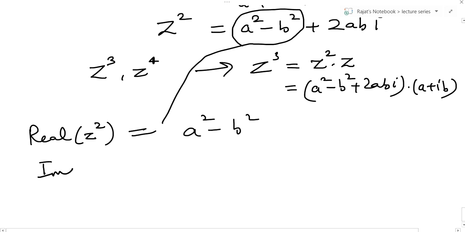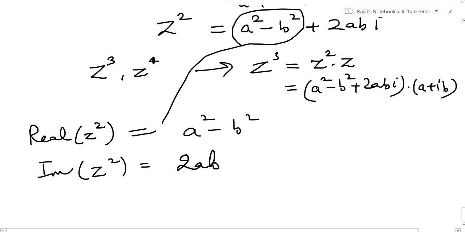If I ask you what is the imaginary part of z square, it is the part which has the iota, so 2ab. When you say the imaginary part of z square, you don't put i there. It is understood that the imaginary part is the part attached to the iota. Clear? This is the basic idea about calculating the higher powers of z.